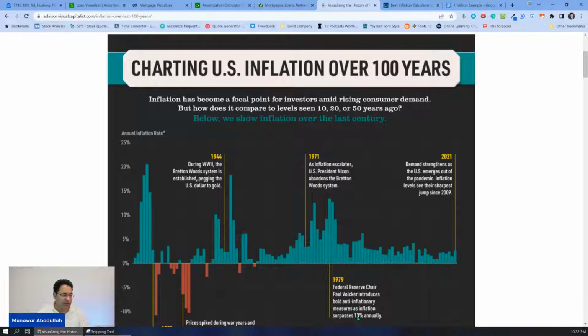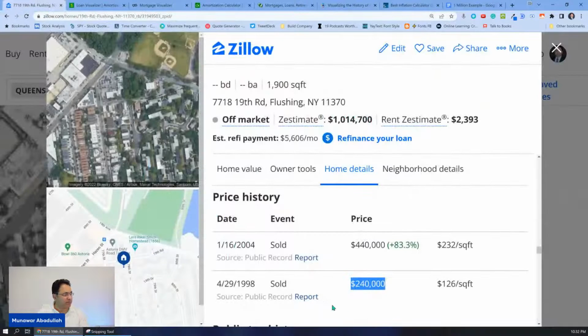Look, there was 13% inflation in 1979. That's why there was a 1980 housing crisis, right? There was a bubble burst in 1980. Even now, because they changed the definition of what inflation is, if you look at this example, this home was sold in 98, around 24 years ago.